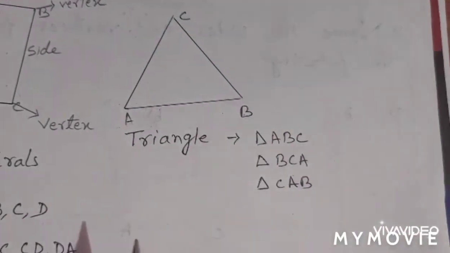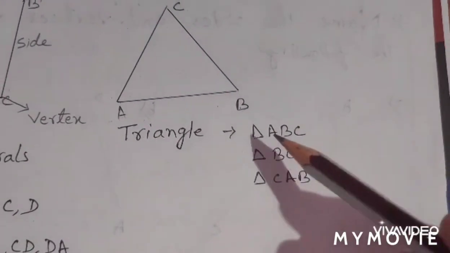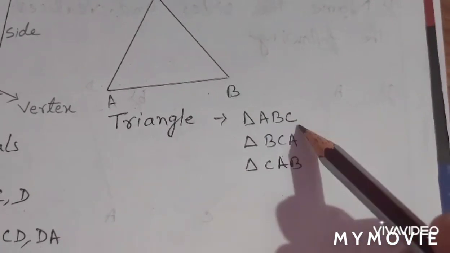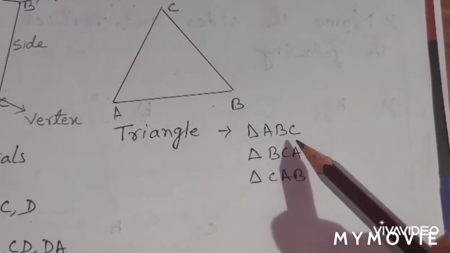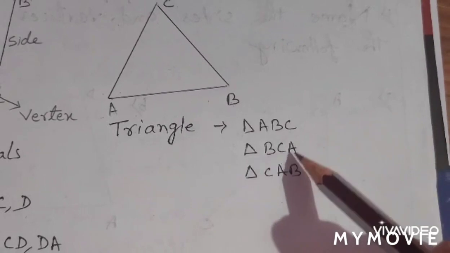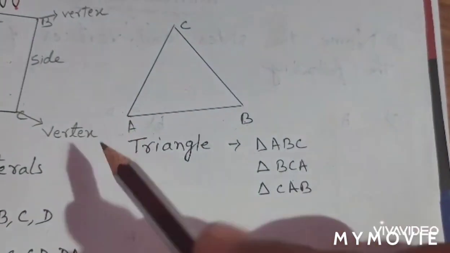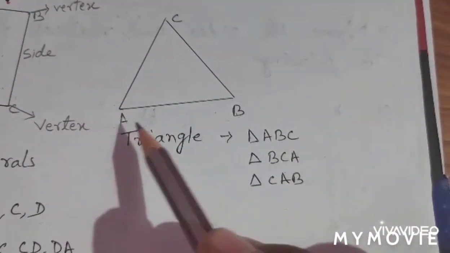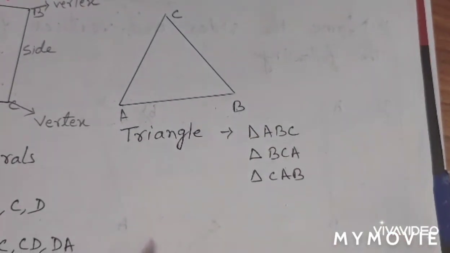If I give a name to this, I can say triangle ABC, or if you want some other name, you can say triangle BCA, or you can say CAB also.